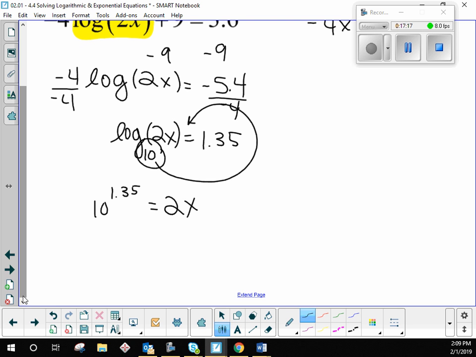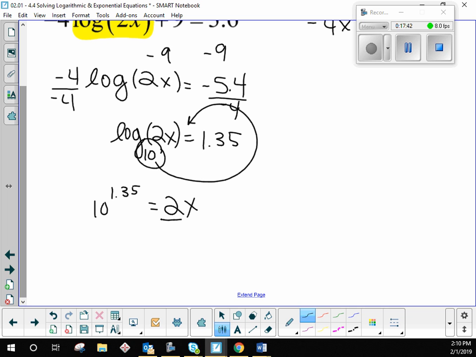Now, on your baby calculators, you can't actually do that math, 10 to the 1.35, so don't do it. You do want to do stuff like this, 5.5 divided by 4, because that's real easy. That's easy math. You don't even need the calculator. The crazy math you don't need to do because we're not using the graphing calculators. But so it kind of feels like we're done, except that x isn't by itself yet. It's still times 2. So how do I undo that?